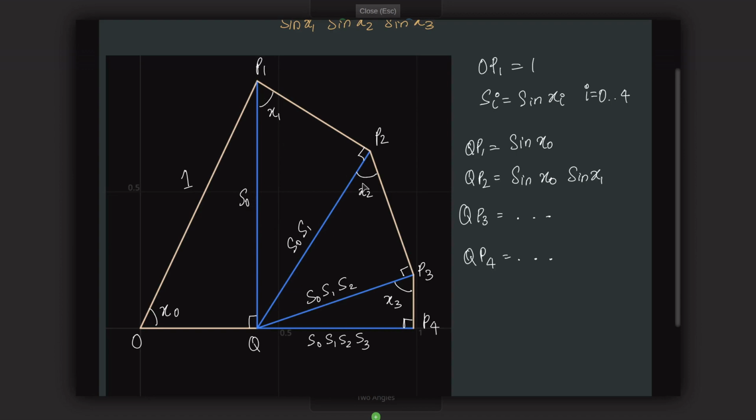Now we're going to put angles here, and let's see what that gives us. If this is x0 and if this angle is x1, this is s0 times sine of x1, that is s0 times s1. For x2, again, the same thing happens. And for x3, again, the same thing happens. So the sine terms get multiplied.